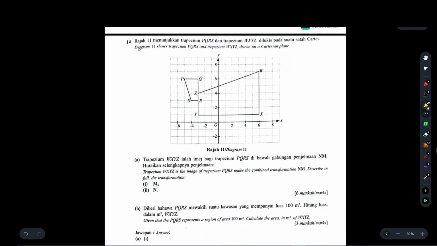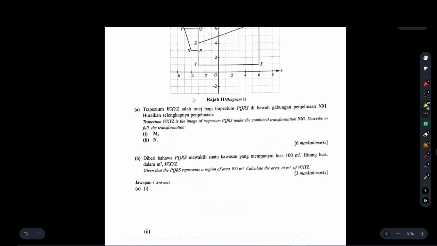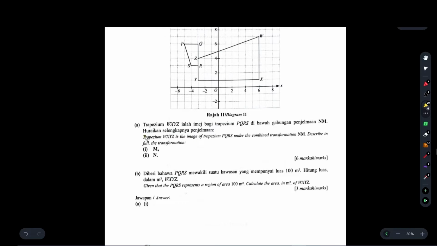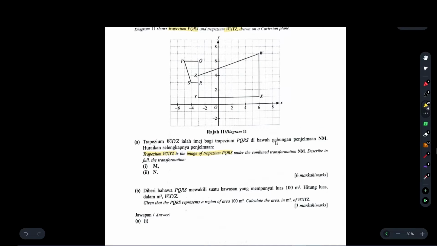Okay, so right now we're going to look at question 14. Diagram 11 shows trapezium PQRS and WSYZ. So there are two trapeziums right here, and trapezium WSYZ is the image of trapezium PQRS under the combined transformation NM.